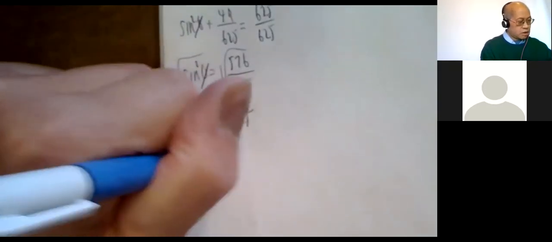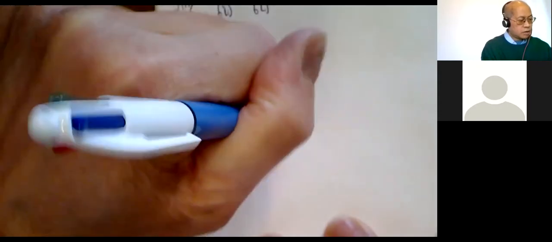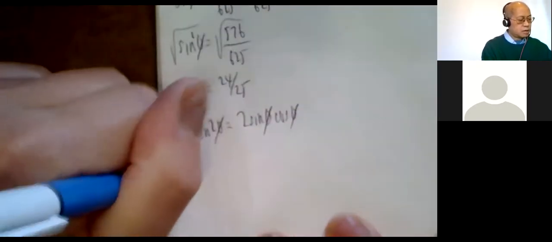All right, so sine of phi, cosine phi. Now, what do they want? Sine of 2 phi by formula is 2 sine phi cosine phi.